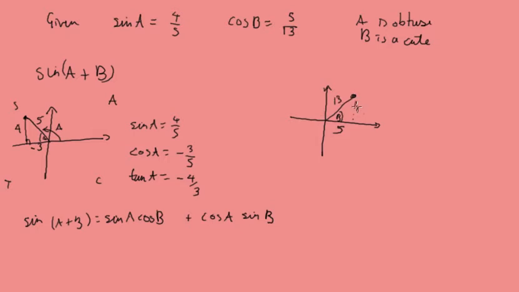From Pythagoras, the adjacent would be 12. So now we've got the sine of B must be 12 over 13. We know the cosine of B already as 5/13, and we know the tan of B must therefore be 12/5.